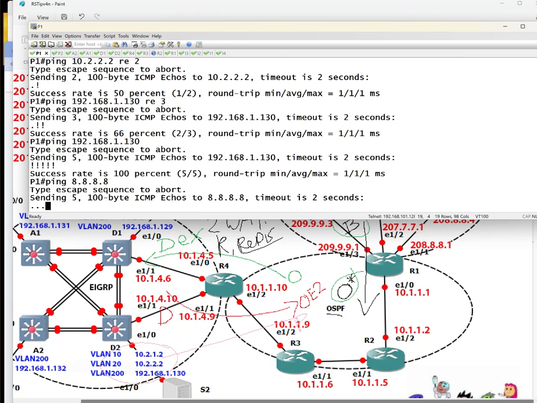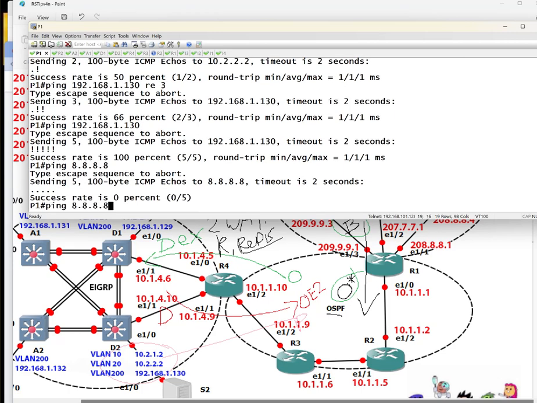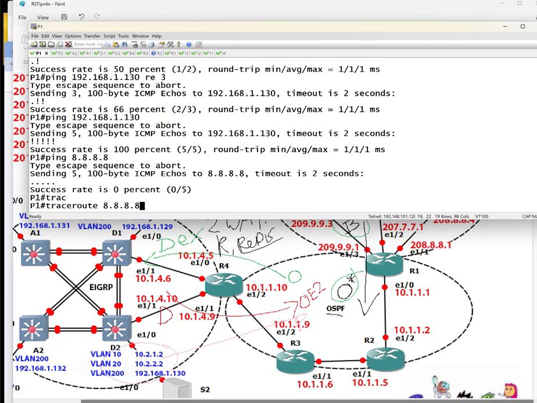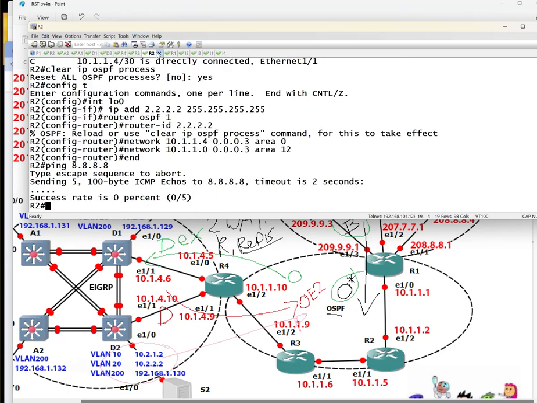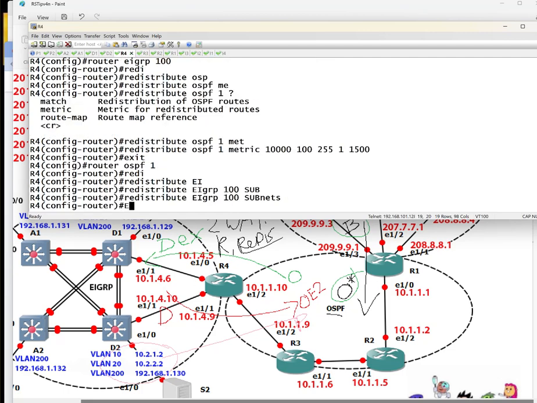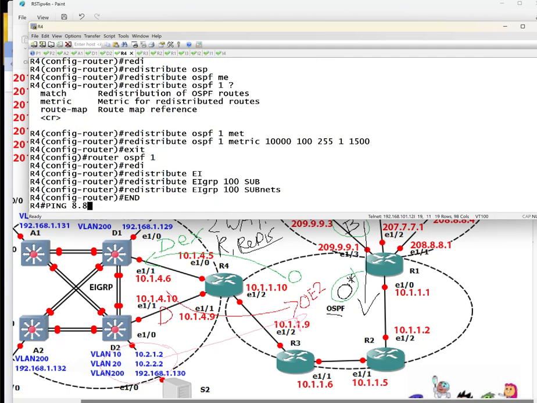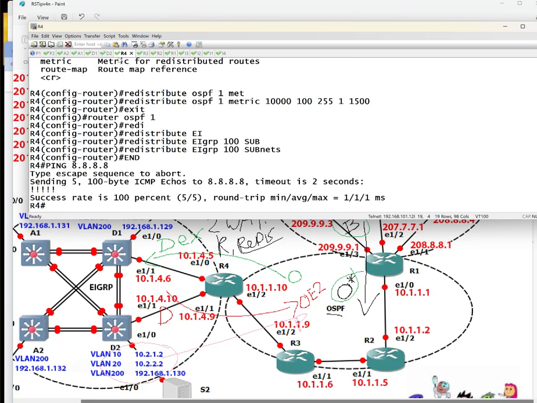Not yet pinging. We'll check. What's wrong if it's not pinging? Okay. There may be some issues here. Because R4 can ping 8.8.8.8. Good job.